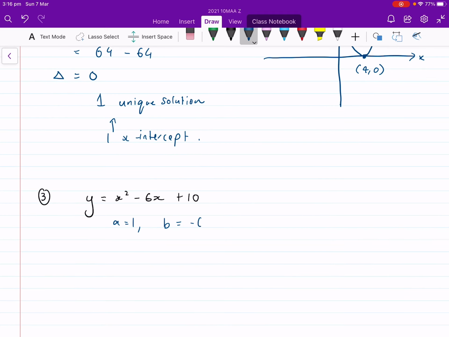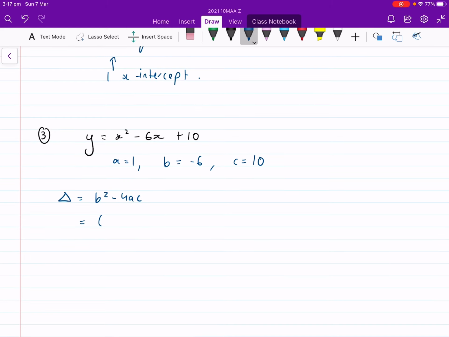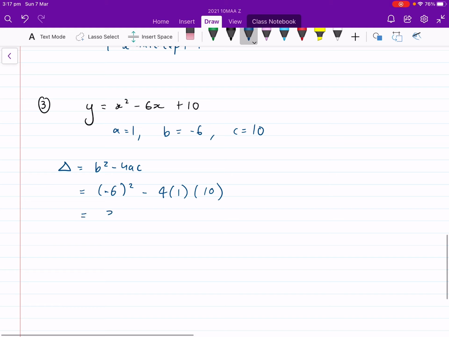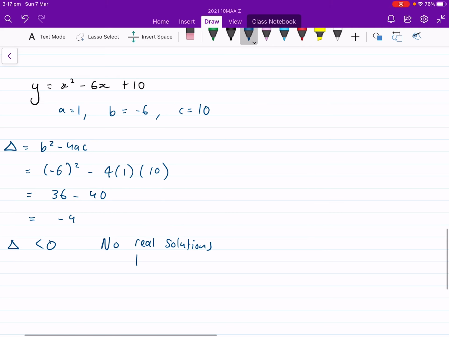Putting this into the discriminant formula of b squared minus 4ac, I'll sub in my values, so I'll get negative 6 all squared minus 4 times 1 times 10. Here this would be 36 minus 40, and you can gather that this would be a negative answer. So the discriminant is less than 0. So this one here would be completely above or completely below. So here we would say no real solutions, and that means no x-intercepts.